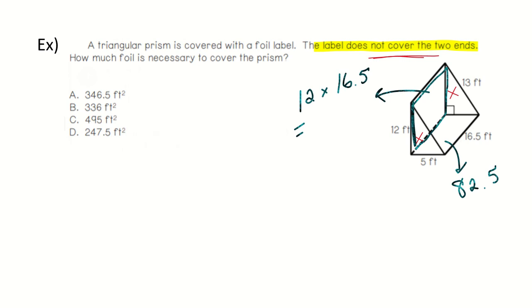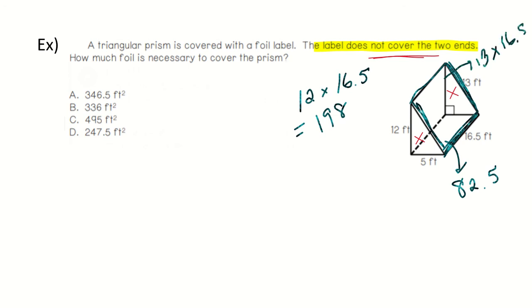Okay, 12 times 16.5 is going to be 198. Okay, two of the sides are done. We have one more, and that's going to be the front of the shape. So the dimensions there are going to be 13 times 16.5. Okay, 13 times 16.5.